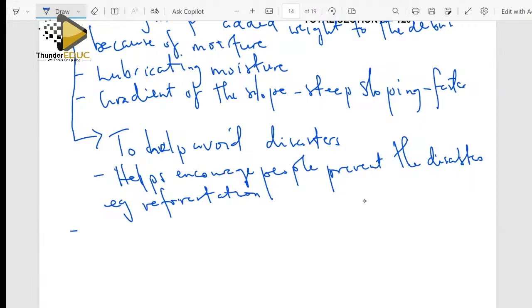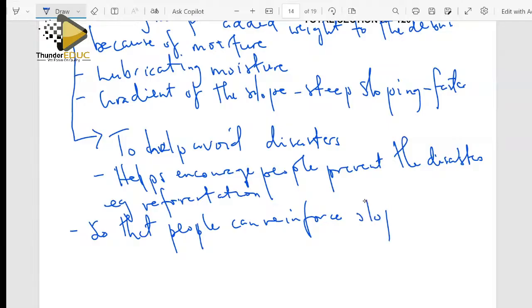And also, we can also argue that so that people can reinforce slopes.